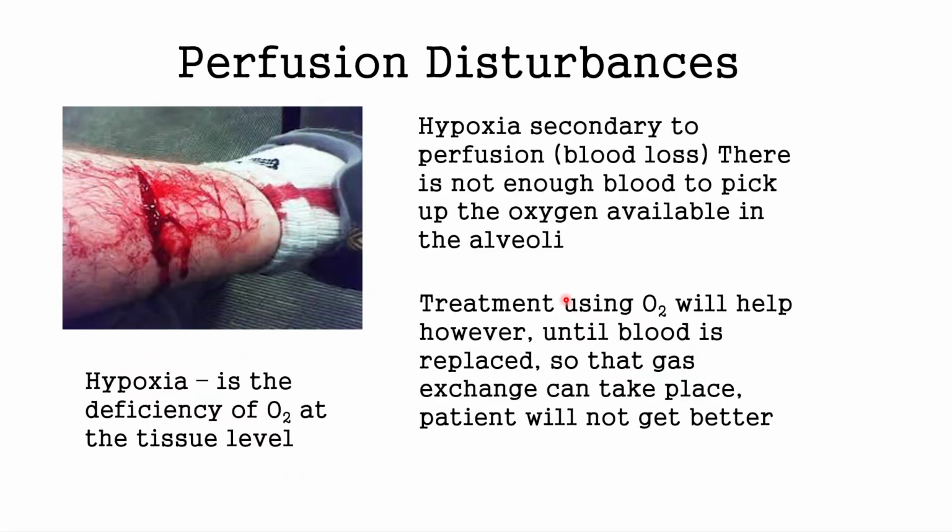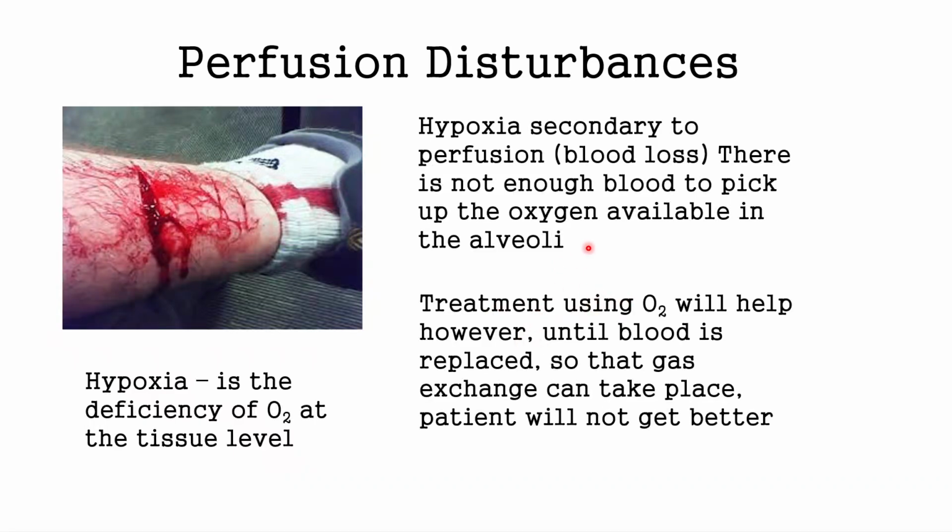The problem here is that they're going to die in a couple of days because their kidneys are going to die because they didn't get fed oxygen. And once that organ system dies, the next organ system will die, and then the next until the patient's dead.